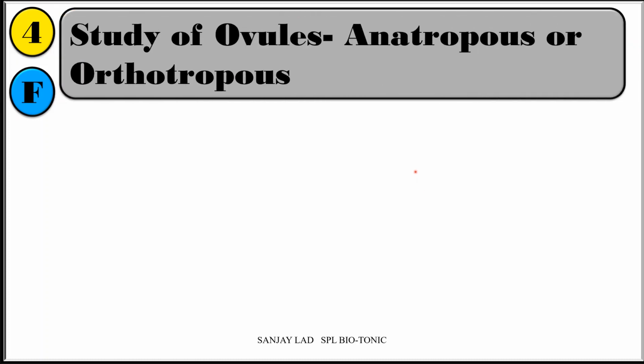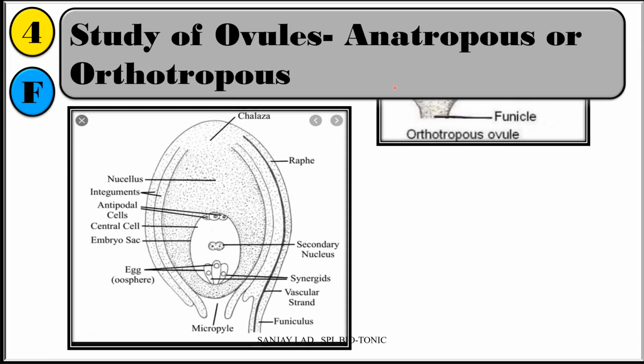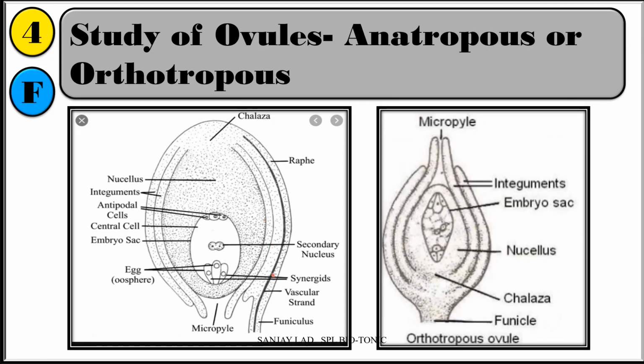Question 4F also has 2 options. First is VS of anatropous ovule, and second is VS of orthotropous ovule. First is inverted ovule, whereas the second one is straight ovule.